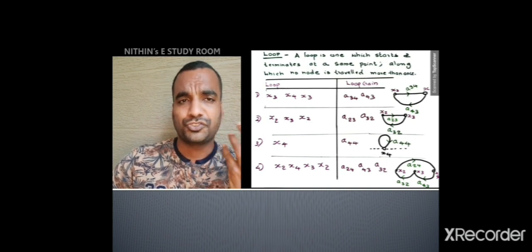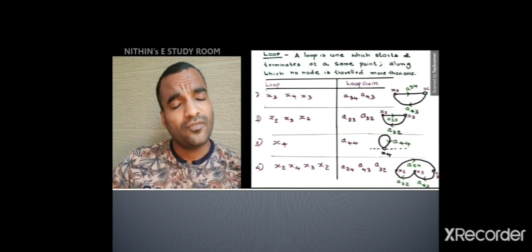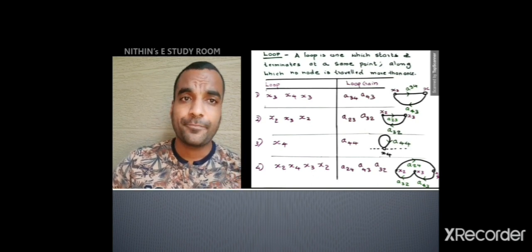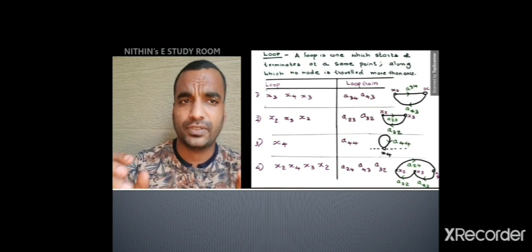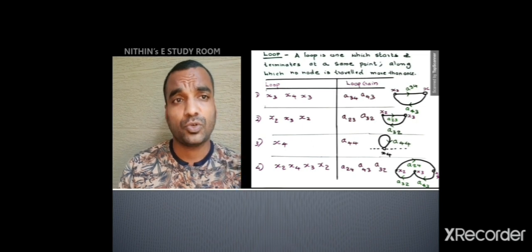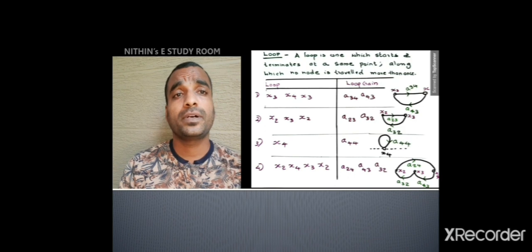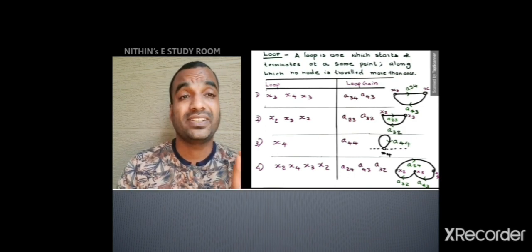You have to specify the names of those nodes, whether it is a forward path or a loop, whatever it may be. Whenever you are specifying the names, you can say x3, x4, x3 in terms of those nodes. But while using equations or applying Mason's gain formula, you are not permitted to use those names of the loops. You have to specify the gain value.